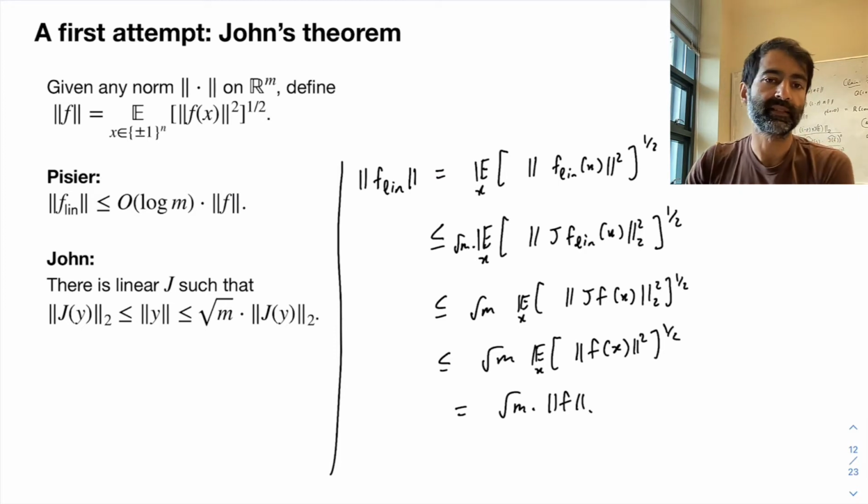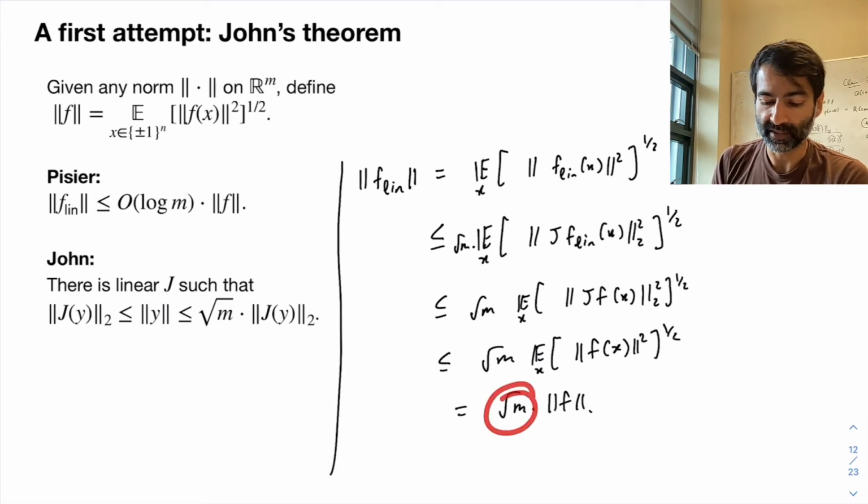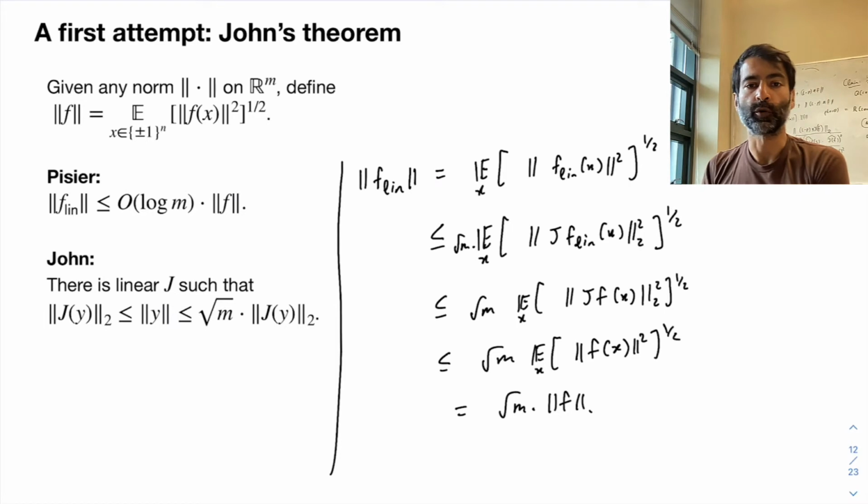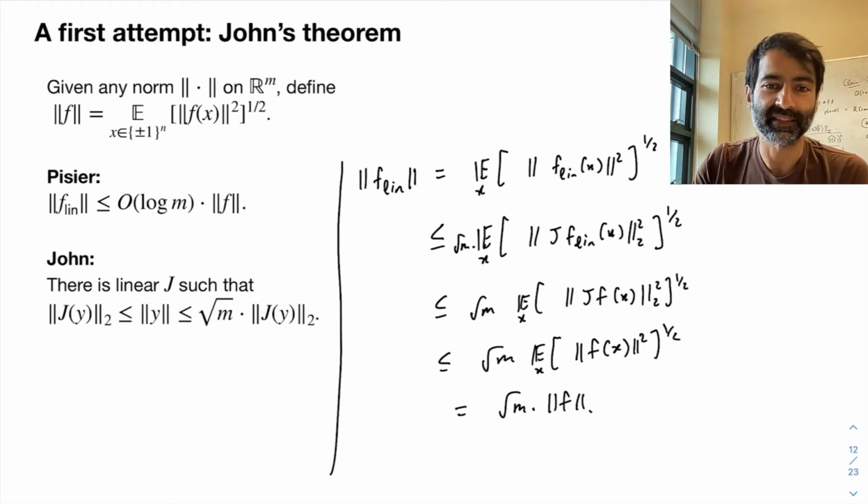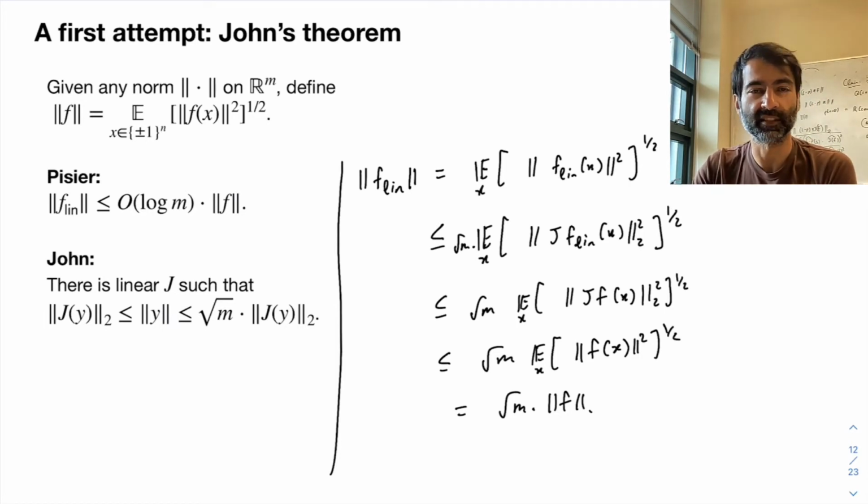So John's theorem says that by passing to the 2 norm, you get a bound of square root m times the norm of f here, and this is exponentially worse than the correct bound proved by Pisier's inequality. But still, John's theorem says something. So that's one idea to keep in mind, and eventually we will use John's theorem in combination with some other ideas.